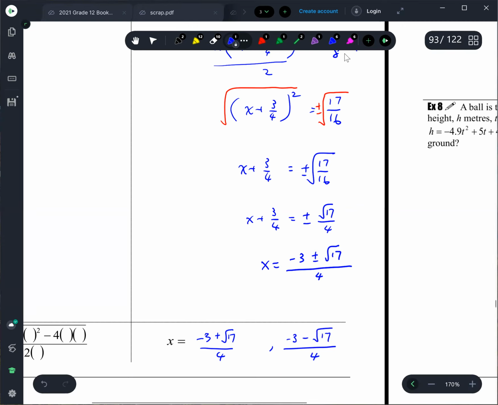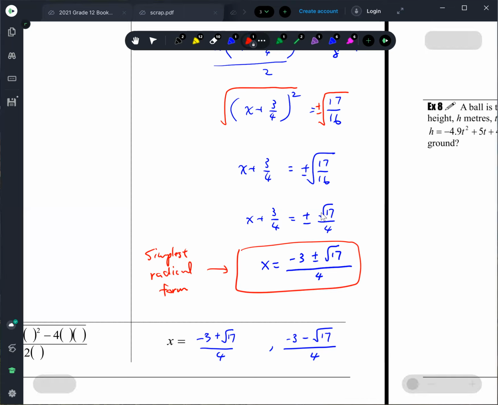So if they are asking for exact values, or simplest radical form, then you leave the answer like that. Why is it negative 17 over 8? Okay, we'll get to that.